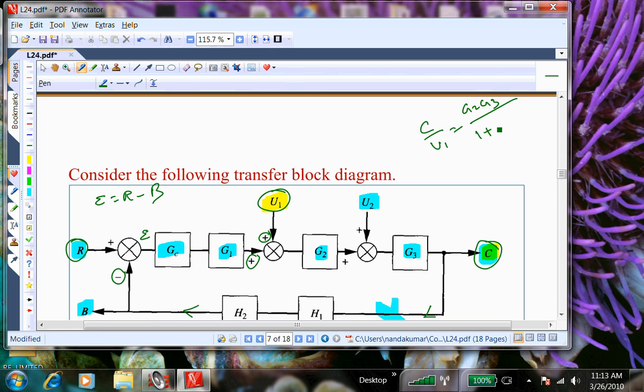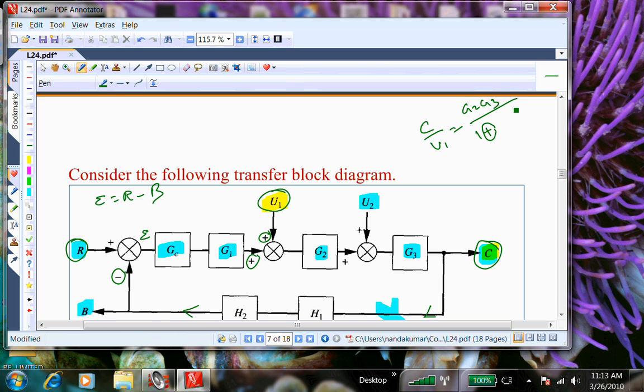Because in the denominator it is 1 plus the total of all the transfer functions in the loop, if it is a negative feedback. And we have shown that algebraically. But what I have not shown is what it will be if it is a positive feedback. Positive feedback is rarely used because it will always lead to unstable systems.